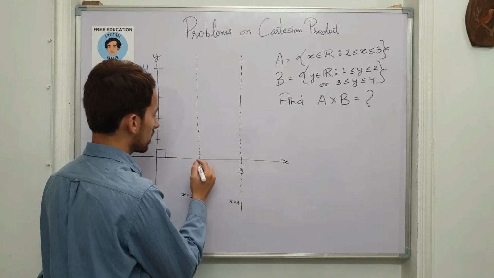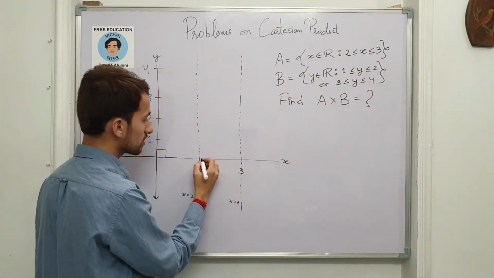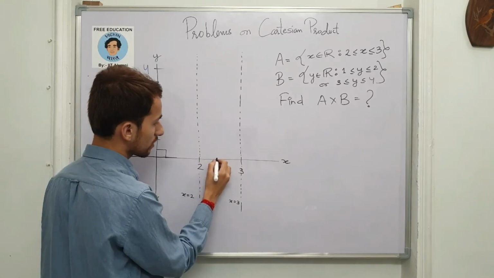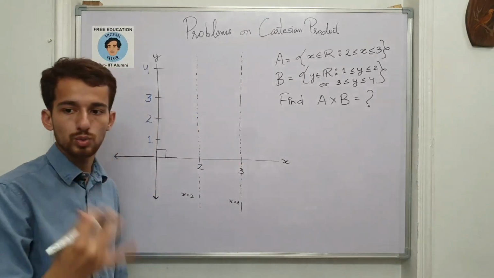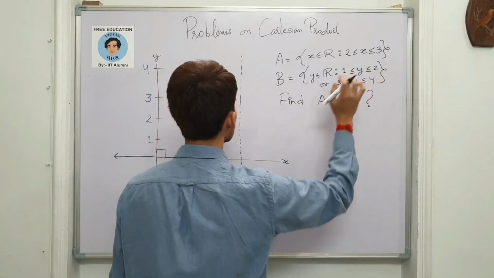Now you want your x to lie between these two. So you have a choice for x varying from here to here, or x can vary now, including both 2 and 3. But your y varies from 1 to 2.